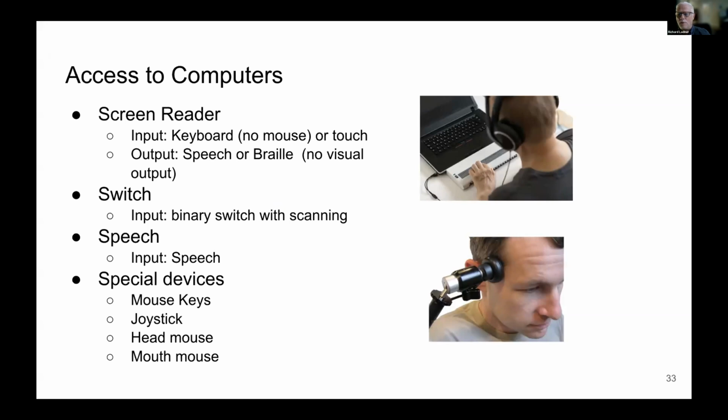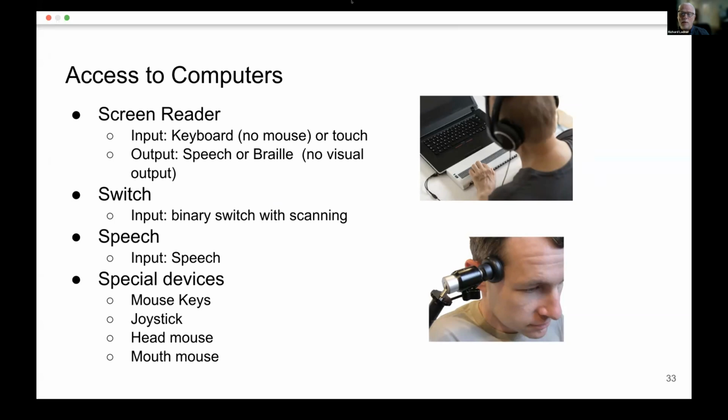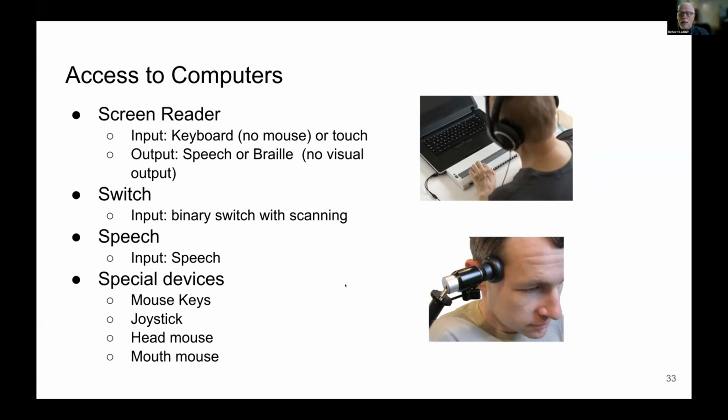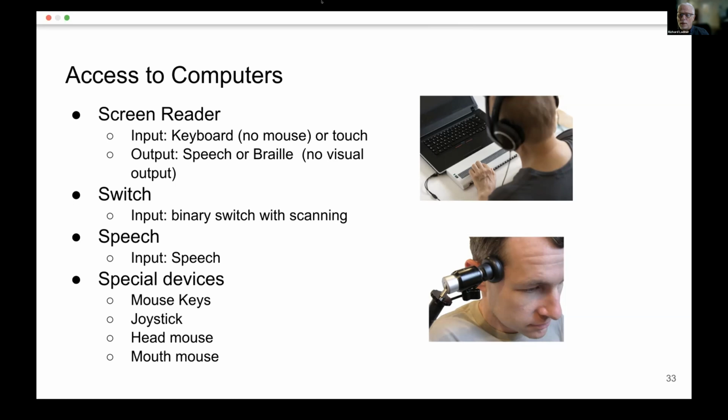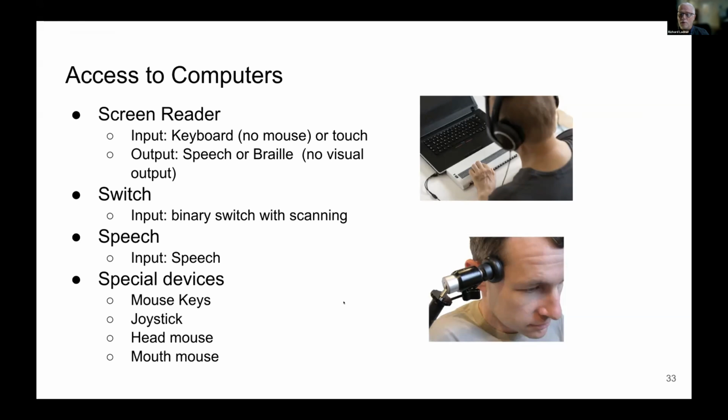For a blind person, or actually screen readers are also used by people that have reading difficulties or are reading disabled, it's a way to get text information from the computer read out loud. So the output would be either speech or braille, no visual output. Now, for somebody that has a learning disability related to reading, they would have, in addition to the speech output, the visual output. It might be highlighted on the screen.